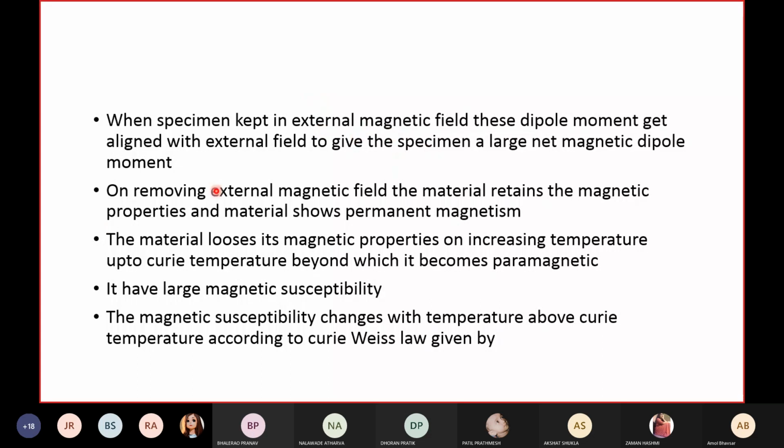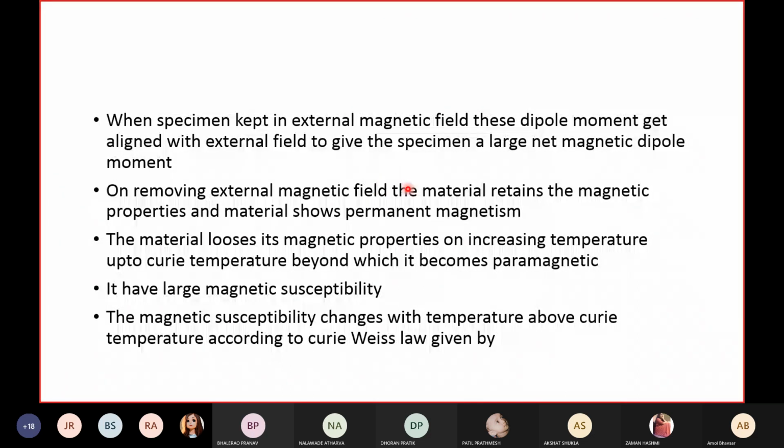On removing the external magnetic field, the material retains its magnetic properties and shows permanent magnetism. The orientation of the dipole moments is not disturbed when you remove the external field.